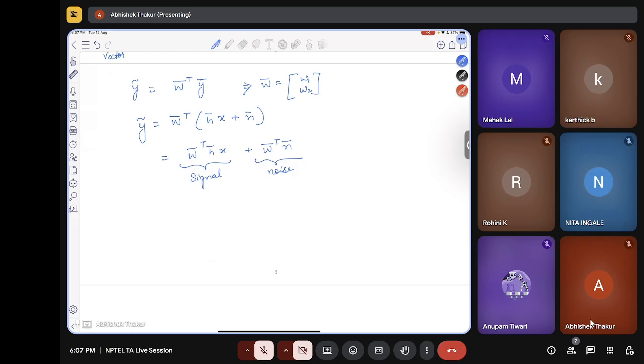So what will be our SNR? SNR will be signal power by noise power. Signal power will be mod square of w bar transpose h bar into the power of the symbol x, and the expectation of the noise term, that is w bar transpose n bar.